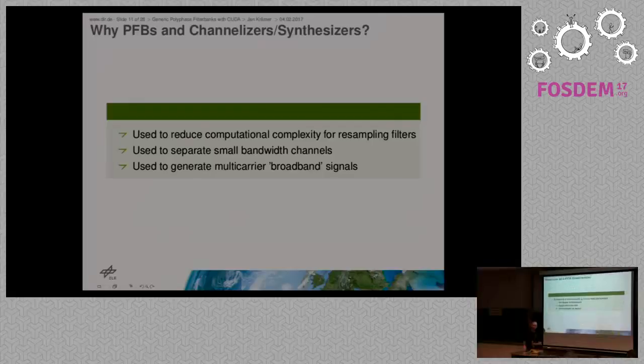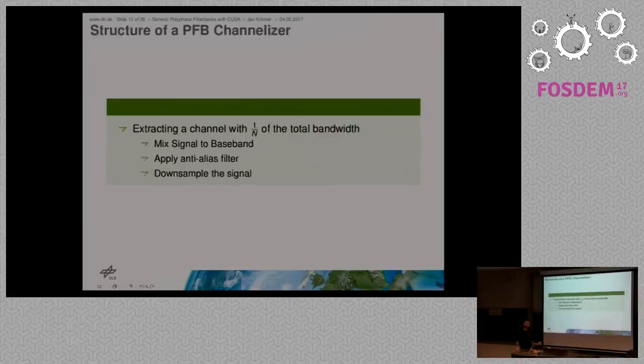So what you would normally do if you would extract a channel that has 1/N of the total bandwidth of the signal that you recorded is, well, you could first mix your signal to baseband and then do a low pass FIR filter over it, because you have to do this to get rid of all the aliasing when you downsample. You can also switch this.